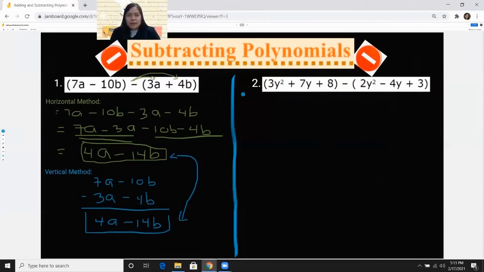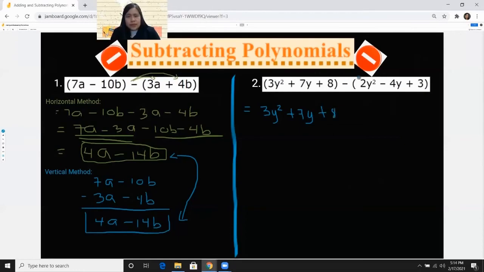So let us have number 2. For number 2, I can use the horizontal method. So we have the first, highest degree, which is 3y squared. 3y squared plus 7y plus 8.